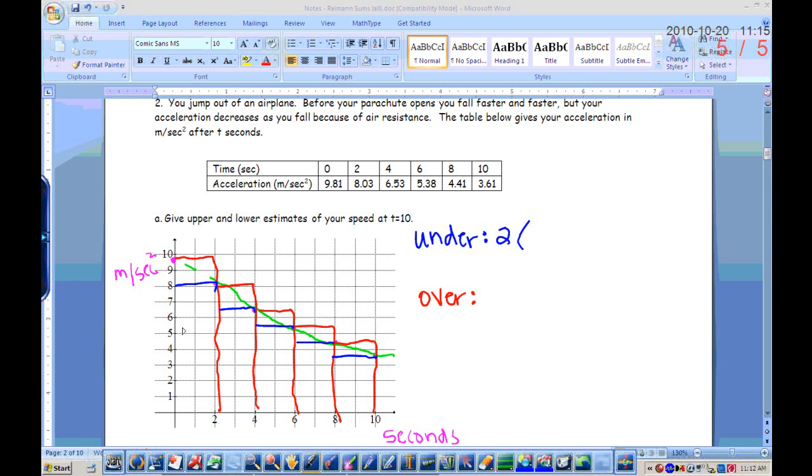All right. What is the height of the first underestimate? Okay, 8.03. And then the next one is 6.53, 5.38, 4.41, and 3.61.